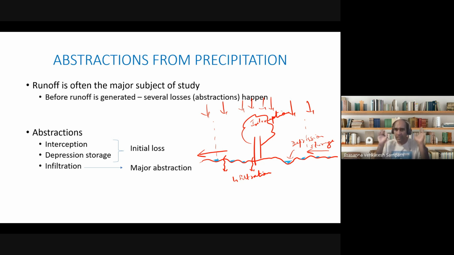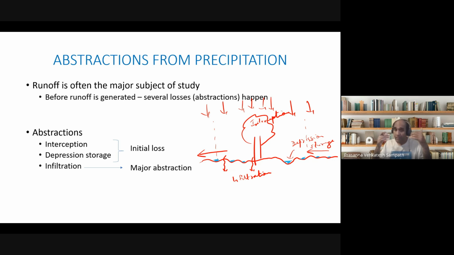Suppose 1 centimeter of rainfall falls on the ground at a particular location, maybe 2% of that, or maybe 1% or whatever it is, becomes interception. Maybe another 1 or 2% may become depression storage. So far, I've only lost about maybe 4 or 5% of water.